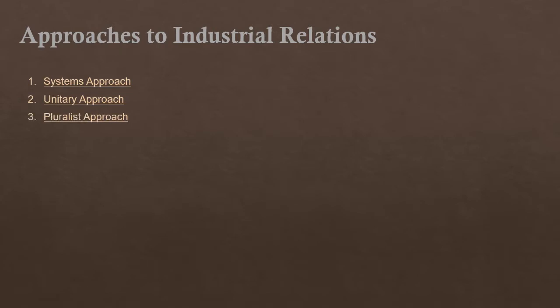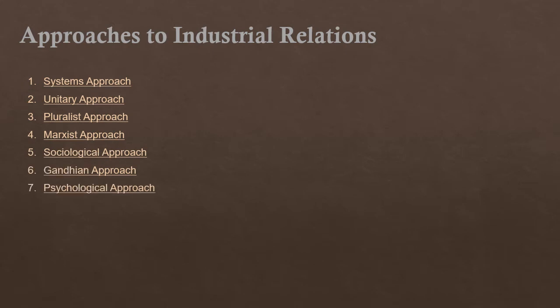Today I will start from the next one. Today I will explain what is Marxist approach, then sociological approach, Gandhian approach, psychological approach, and the last one is human relation approach. Now I am going to talk about Marxist approach.